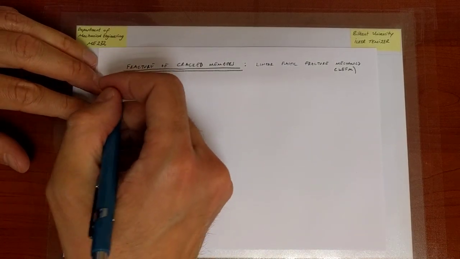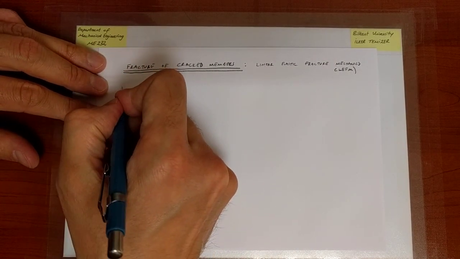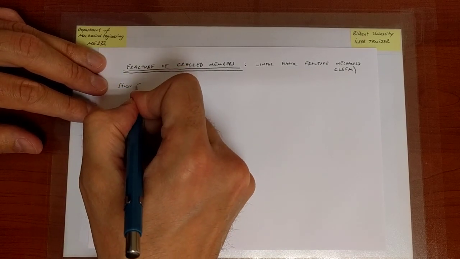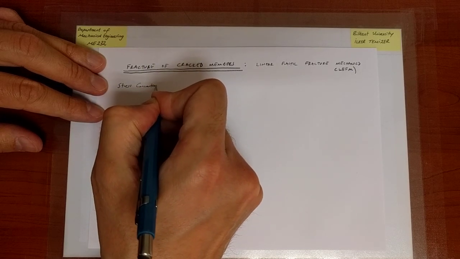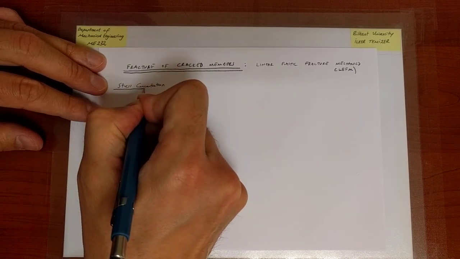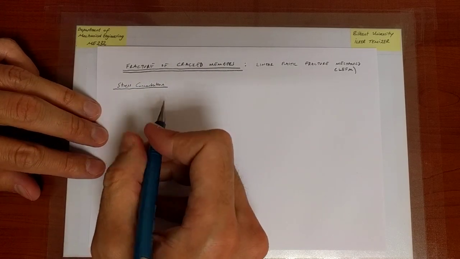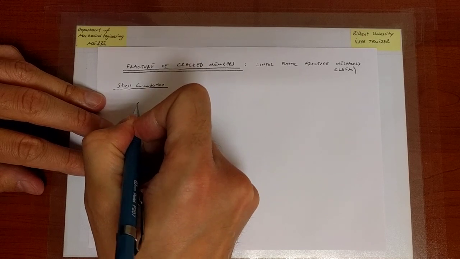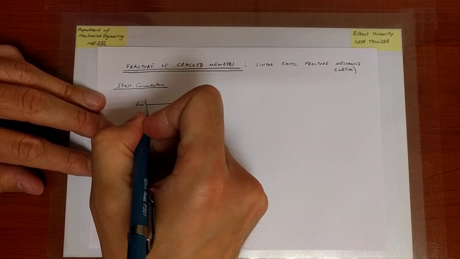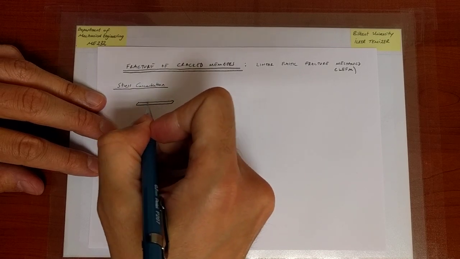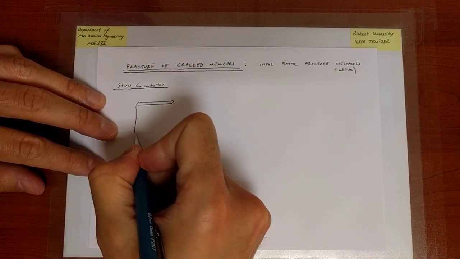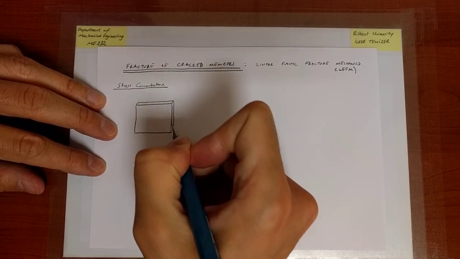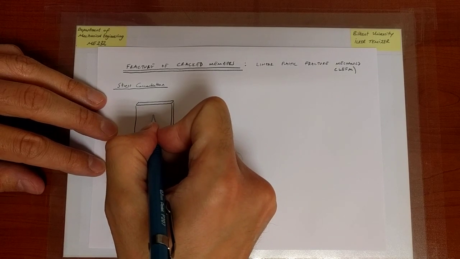Now, I think the best place to start the discussion of fracture is to remember the concept of stress concentration. And we will remember this concept by taking a very fundamental problem of a plate with a hole in it.